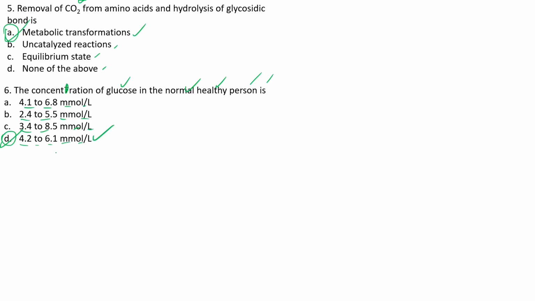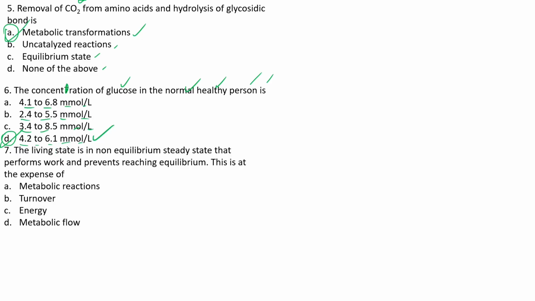Yes. The next question, the living state is a non-equilibrium steady state that performs work and prevents reaching equilibrium. This is at the expense of metabolic reactions, turnover, energy, metabolic flow. So we can say that preventing reaching equilibrium can be done only at the expense of energy.